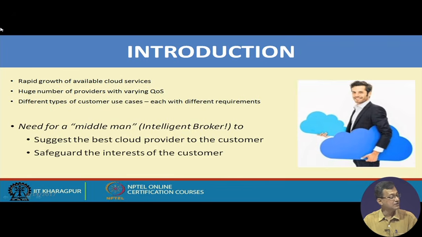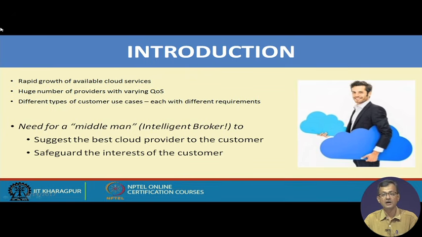So, keeping all those things in mind, there is a need for a middleman, right. We can call it an agent or broker, or sometimes it may be an intelligent broker, to suggest the best cloud provider to the customer or safeguard the interest of the customer, right.